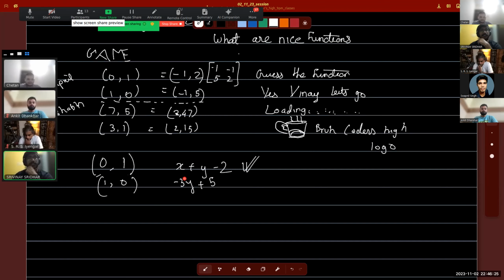Right, this particular function can be represented as this, right?